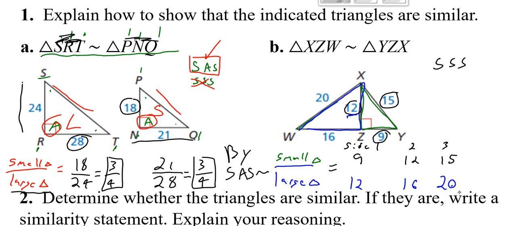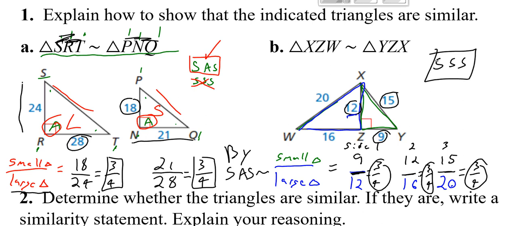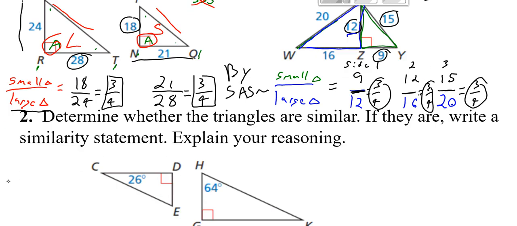Okay, so now as I look at these fractions, are they equivalent? 9 over 12 divisible by 3 on both of them, so I get 3/4. 12 over 16 divisible by 4 on both of them, so that gets 3/4. 15 and 20, that's divisible by 5, so that gives me 3/4. So all sides are proportional, so therefore by side similarity, I can determine that they are similar.